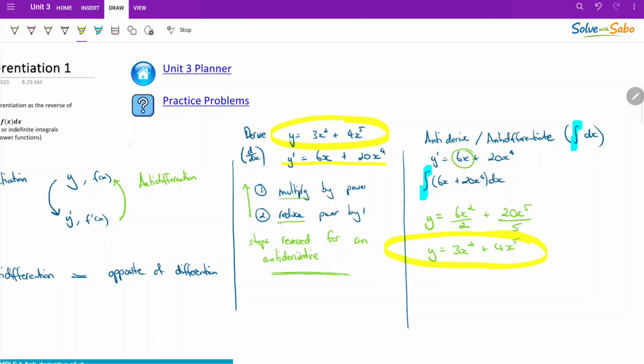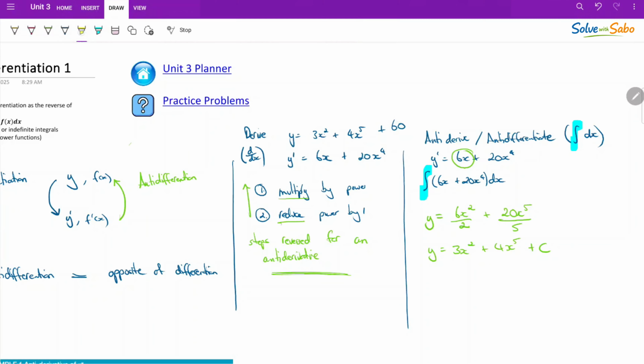Now there is a difference though, whenever we do an antiderivative, we have to put something on the end which just says that there could be any constant on the end because we don't have any more information. So at any antiderivative we have to put a plus c because we don't know whether there was a number hanging off the end of the original function. What do I mean by that? Well, if we look back at our original one that we derived, if I had a plus 60 on the end of it, I'm going to get the same derivative, right?